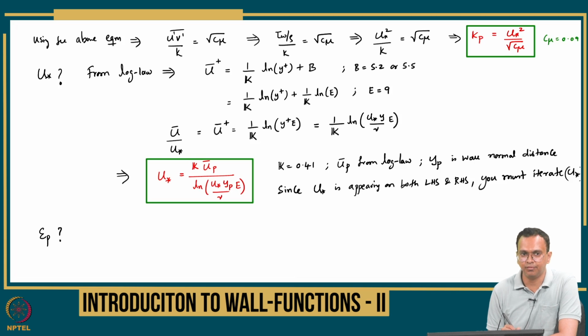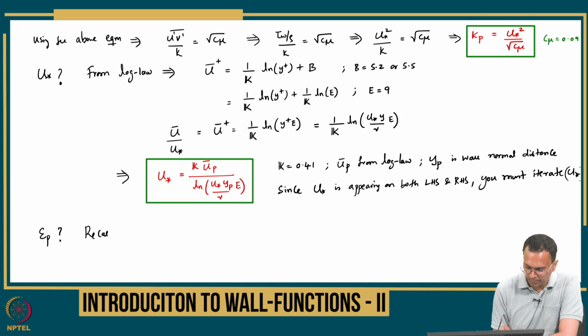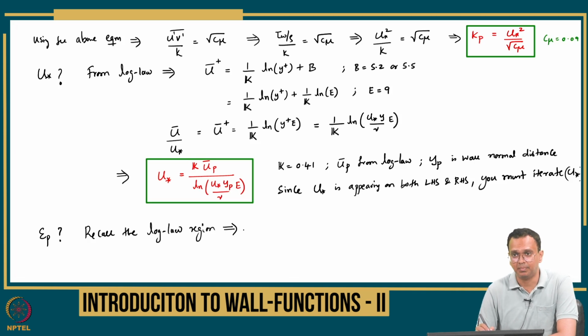We introduce a scale for epsilon p. So if you recall again, recall the log law region again. What is so special happening in the log law zone is that we saw in canonical flows, the Pk is nearly balancing the epsilon to first order.